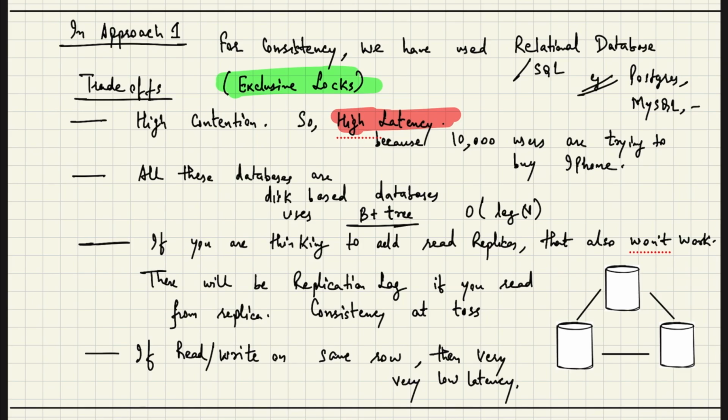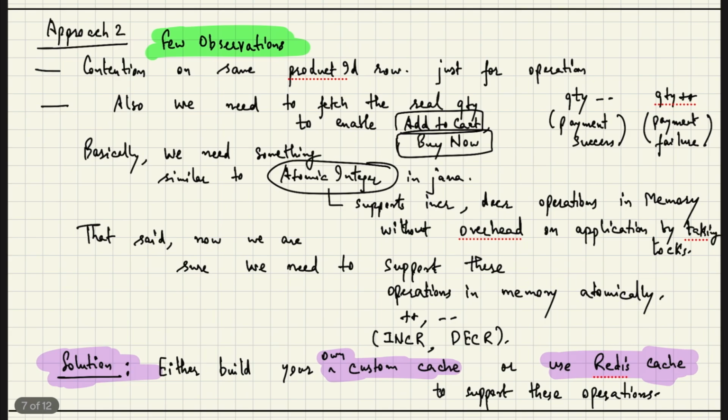Now let's move further and discuss approach 2. We have already discussed approach 1, the disk-based databases, where we are using MySQL or Postgres, right? Now there are a few observations we need to make over here. What was the main problem? Contention on the same product ID row, just for the operation quantity minus minus or quantity plus plus.